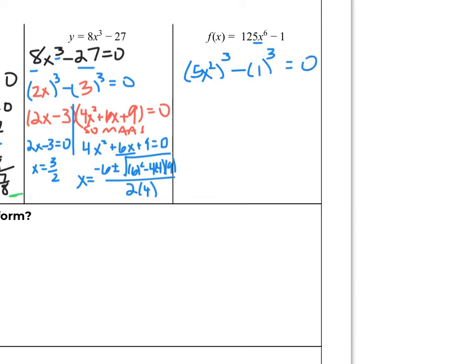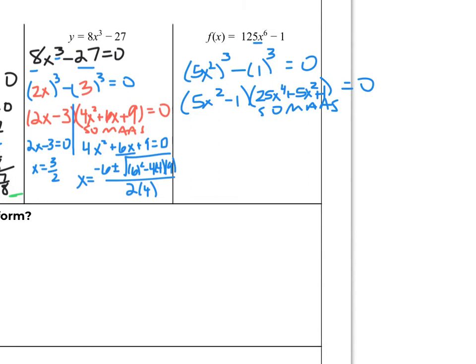We're setting this equal to 0. So 5x squared minus 1. And then we're going to do SOMOS. Square your first term, that would be 25x to the 4th, opposite sign, plus multiply 5x squared, always add 1.